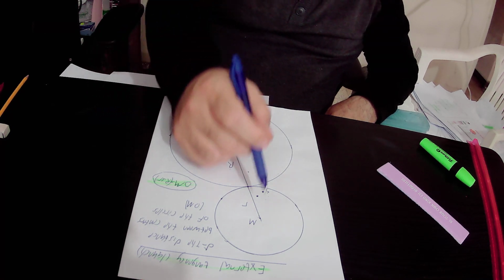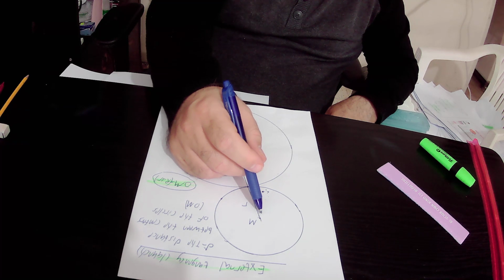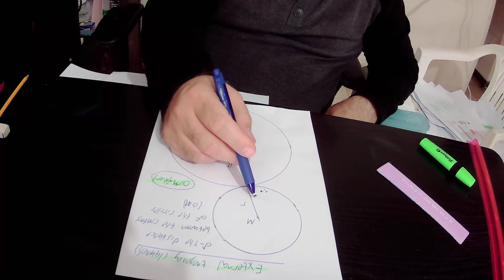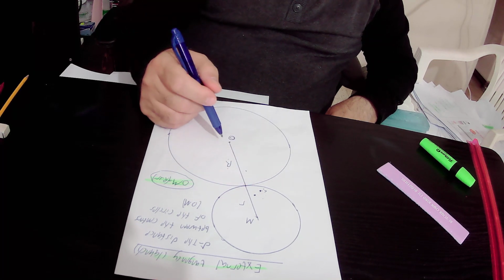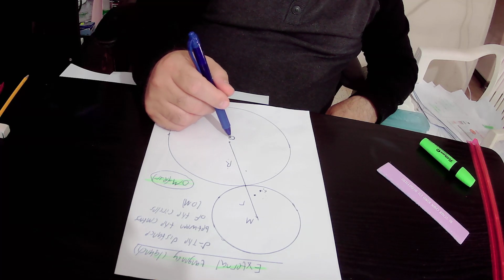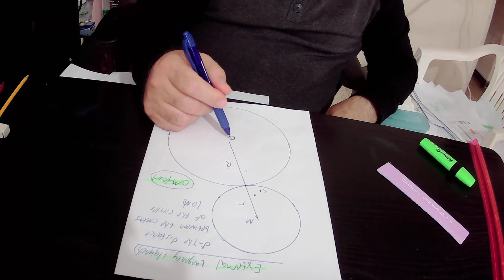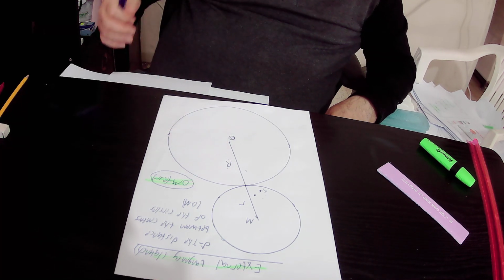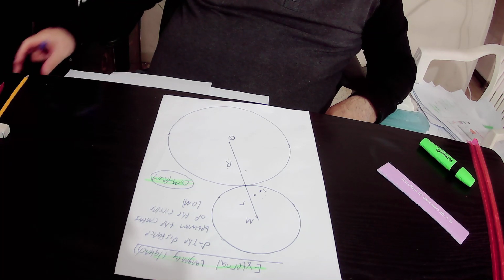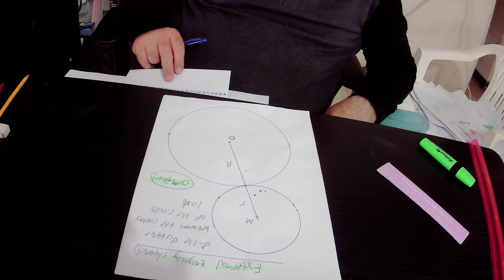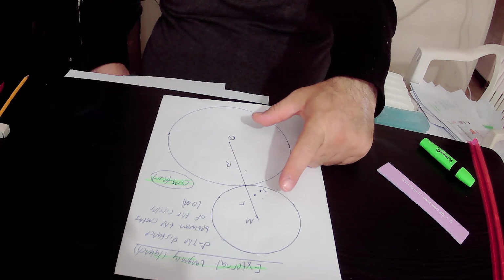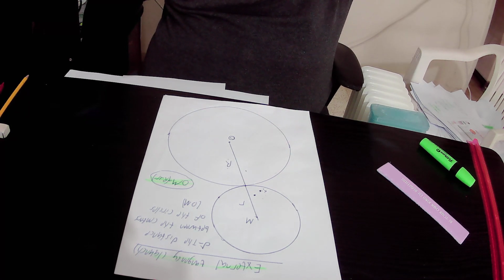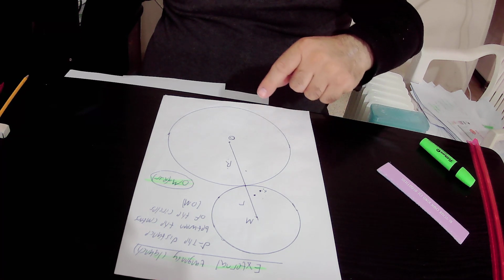We also note that the center of the small circle is at this point, point M, and the radius of this small circle is small r, while the center of the big circle is at point O, this point, and the radius of the big circle is equal to capital R. In this case, the distance between the centers of the two circles, that is to say the length of line segment MO, will be equal to the sum of the lengths of their radii.